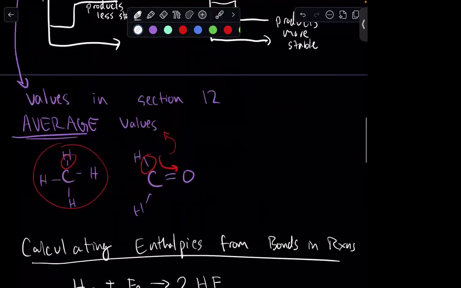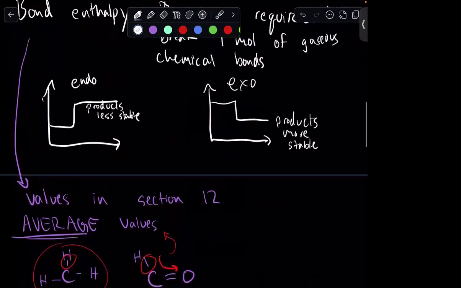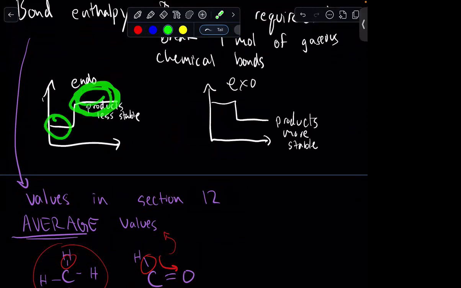So we're going to go back to our graph here. If our products have a higher enthalpy, then we know that this is endothermic and that our delta H should be positive. If our products have lower energy, then this will be exothermic and our delta H will be negative.